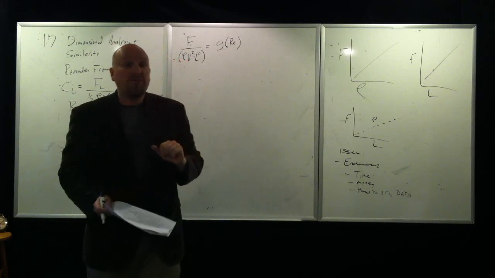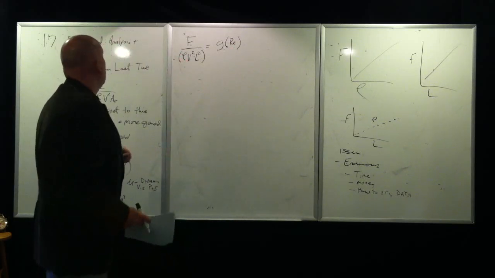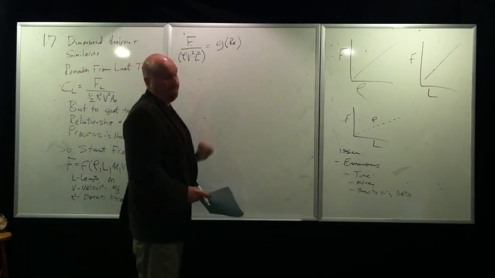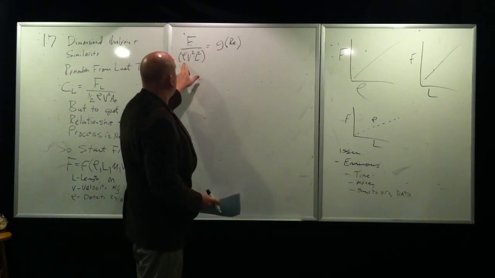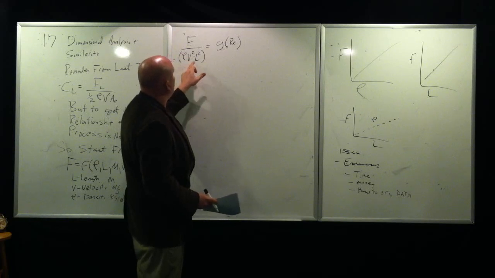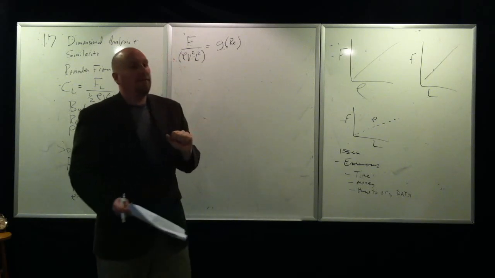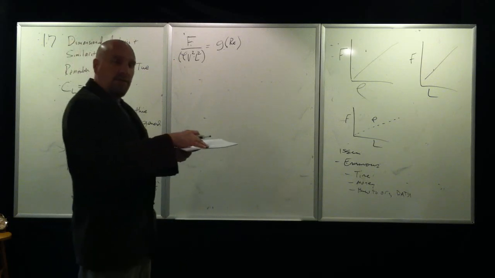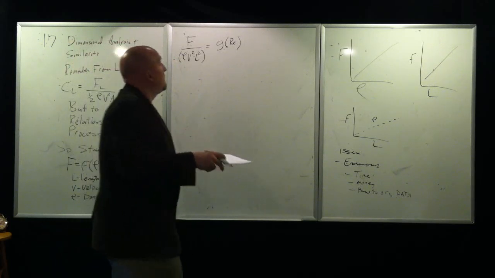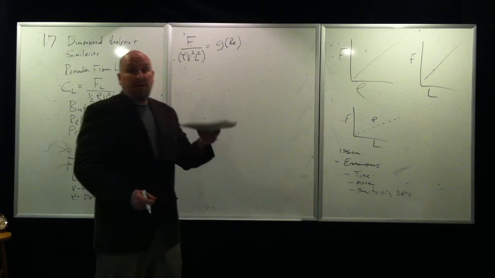Reynolds number is a very, very important dimensionless number. So, taking the force, dividing it by the density of the fluid, the velocity squared of the fluid, and the length squared, or an area of whatever is the solid model that you have.